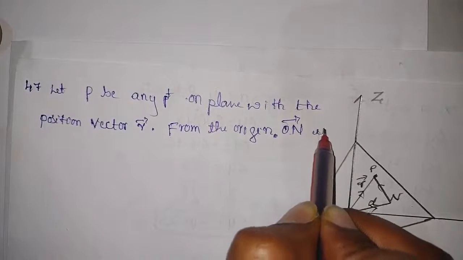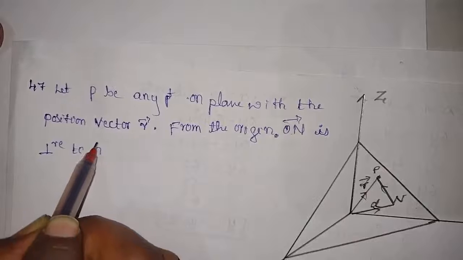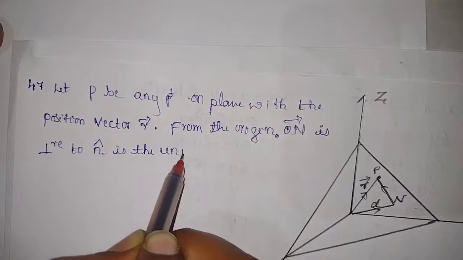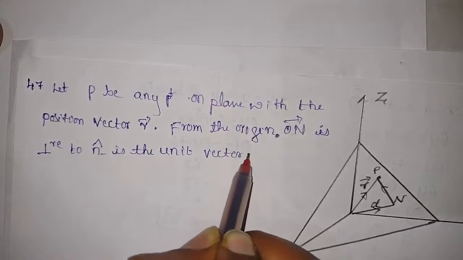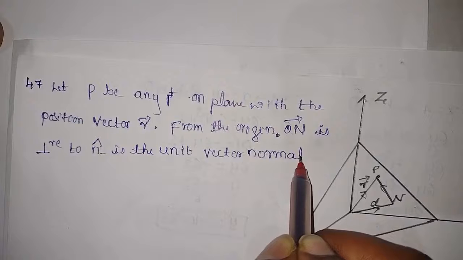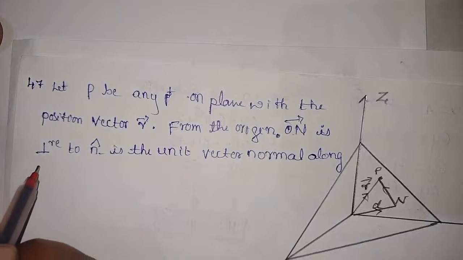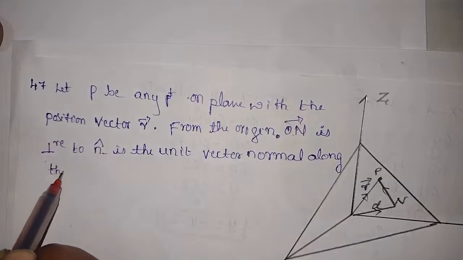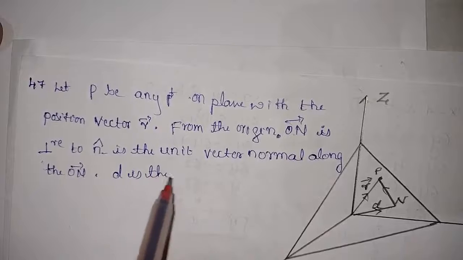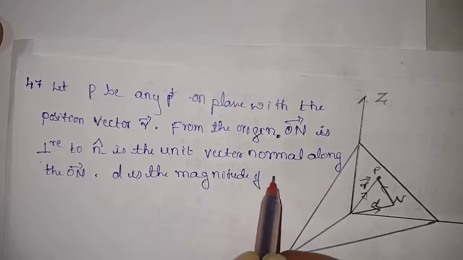The vector ON is perpendicular to the plane, where n cap is the unit vector along the normal vector ON, and d is the magnitude of ON.